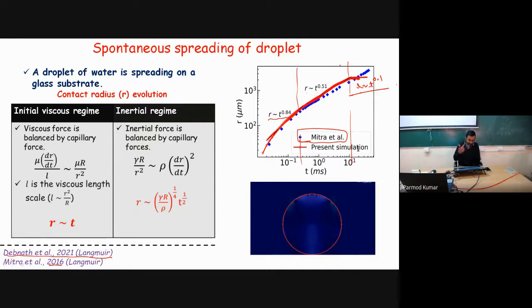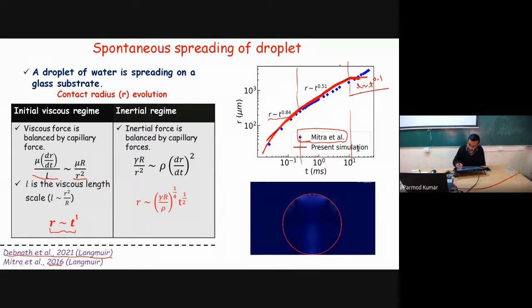Okay, so now depending upon the balance of forces across the contact line of the droplet, we find that initially it is a balance between the capillary pressure and the viscous force. Because of which R will be almost of the order of T to power 1, which comes as close to 0.84 in our simulations.